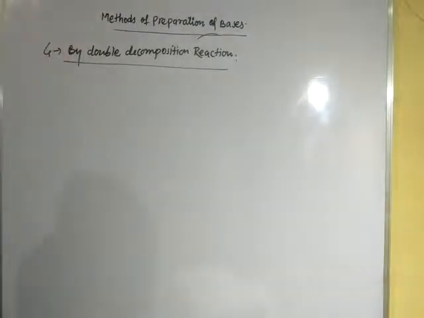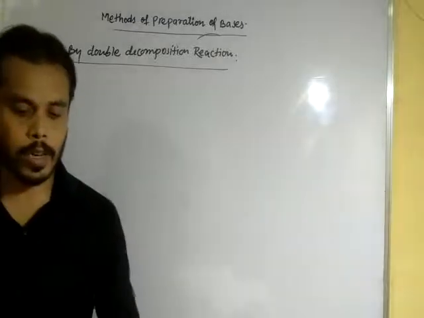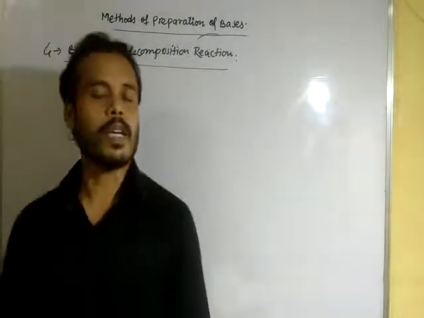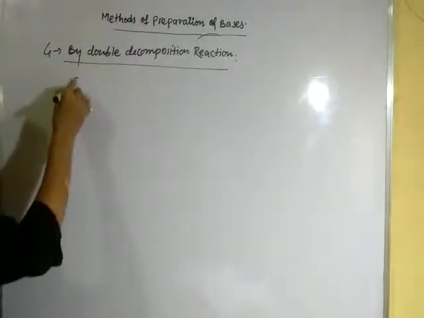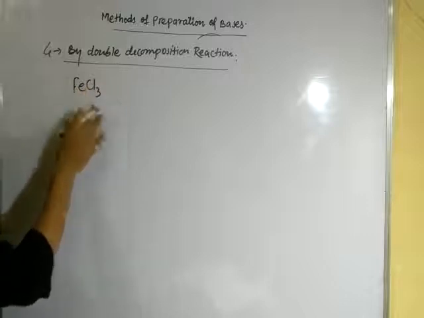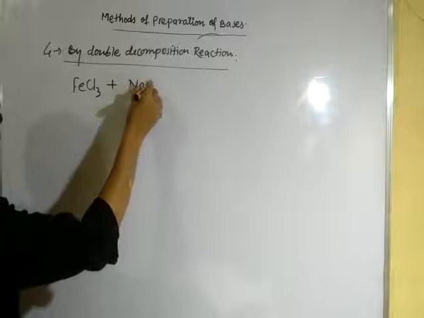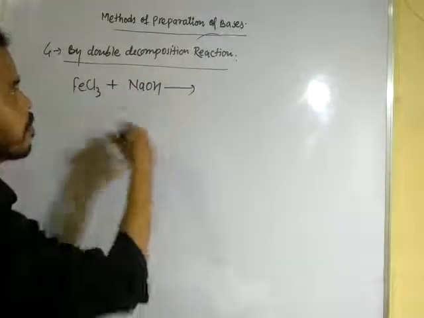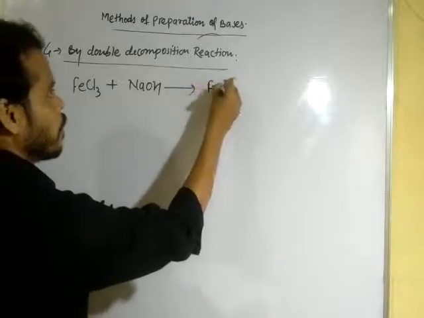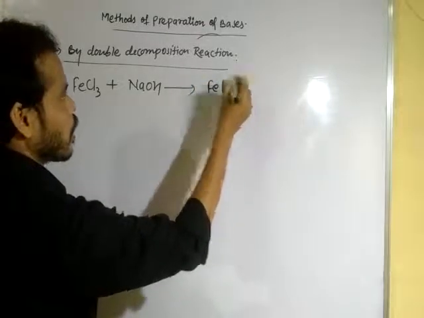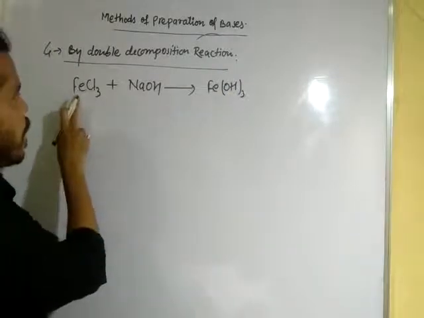In this reaction, let us see the example: when ferric chloride is treated with sodium hydroxide to form ferric hydroxide and sodium chloride. When ferric chloride, a salt, is treated with a base like sodium hydroxide, NaOH, it forms another base, ferric hydroxide, Fe(OH) whole thrice, because here the oxidation number of iron is 3.